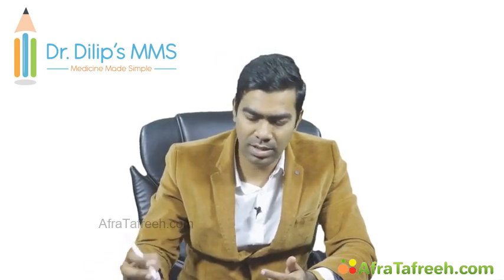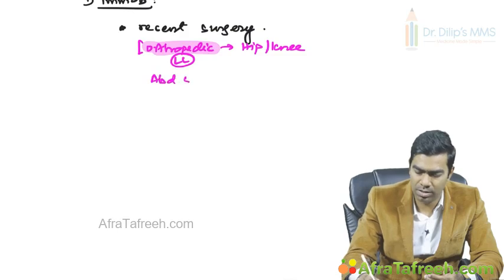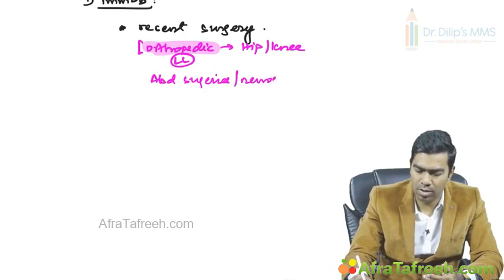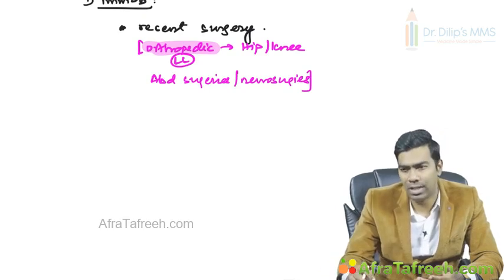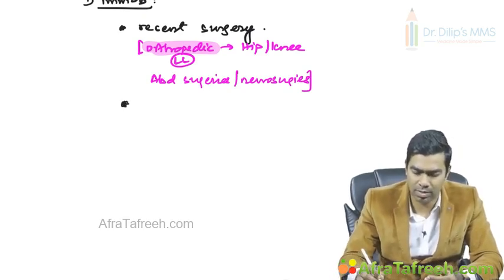Other surgeries also carry risk, like major abdominal surgeries and neurosurgeries. In neurosurgeries, the patient will be in an altered mental state for a variable period of time before as well as after the surgery. So that's why it has a risk factor as well.